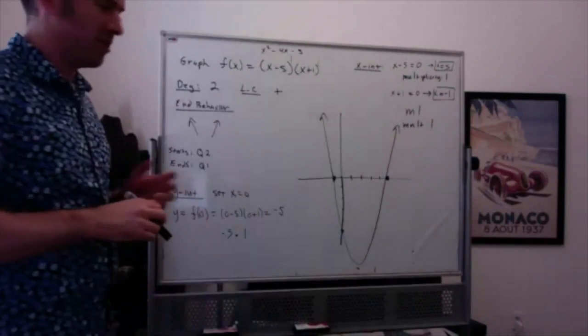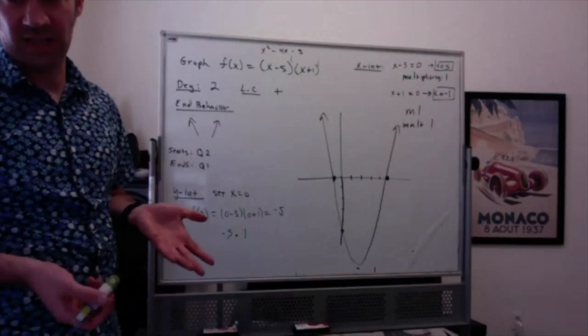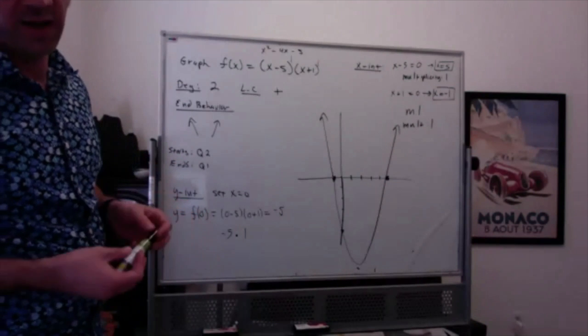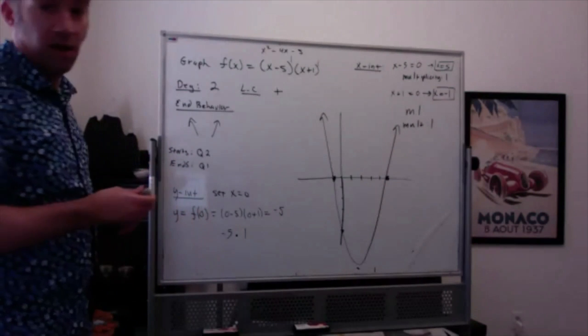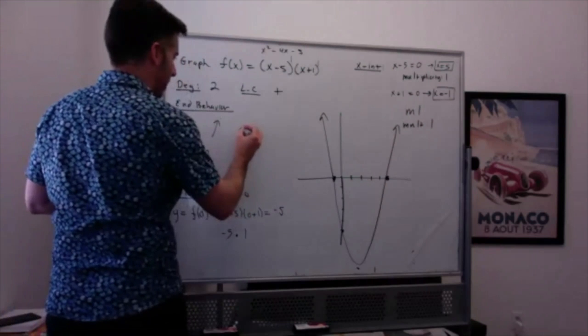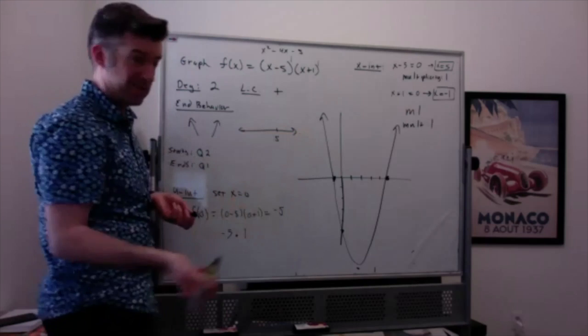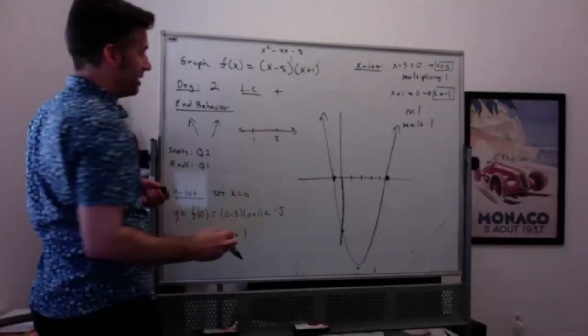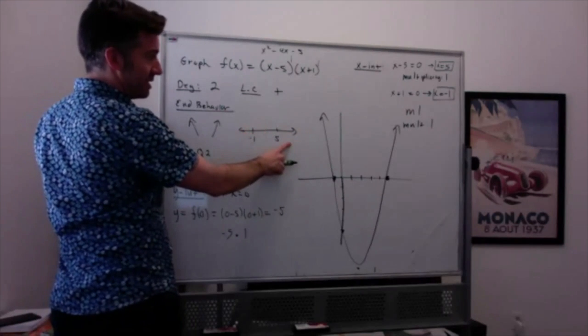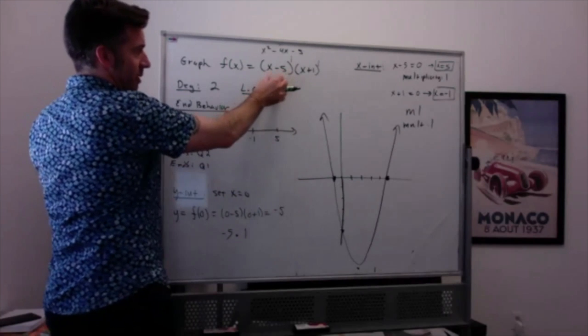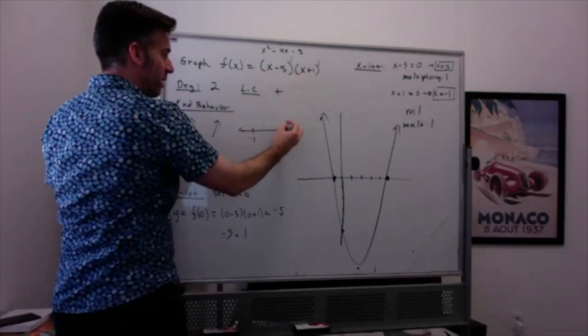Some people like to do a thing where they look at the number line. I don't think that's specifically necessary, but you could look at the number line of the zeros, which are the x-intercepts, 5 and negative 1. And see that if you pick a number larger than 5, like 6, this is positive times this is positive, the whole thing is positive.